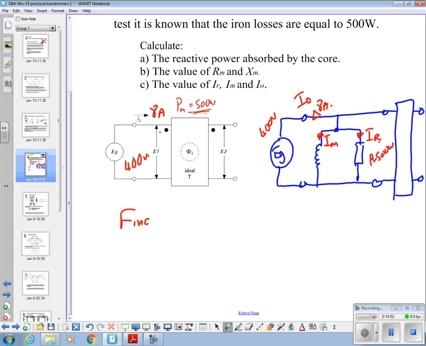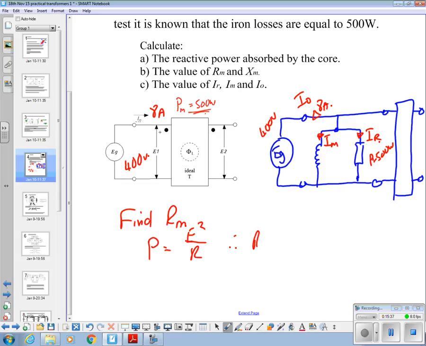So we're going to find R first. R, Rm. I don't care which order we find the stuff in. What's the formula? We've got three versions of the power formula, haven't we? What are they? I squared R, we can't use that because we haven't got the current. Volts times current, we haven't got the current. P is equal to E squared over R. Yep.